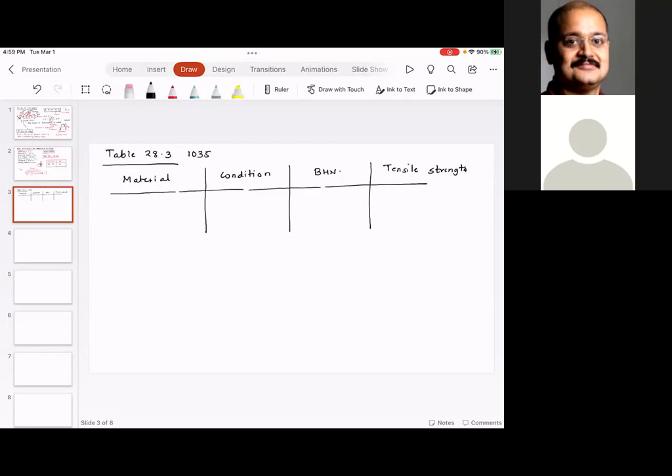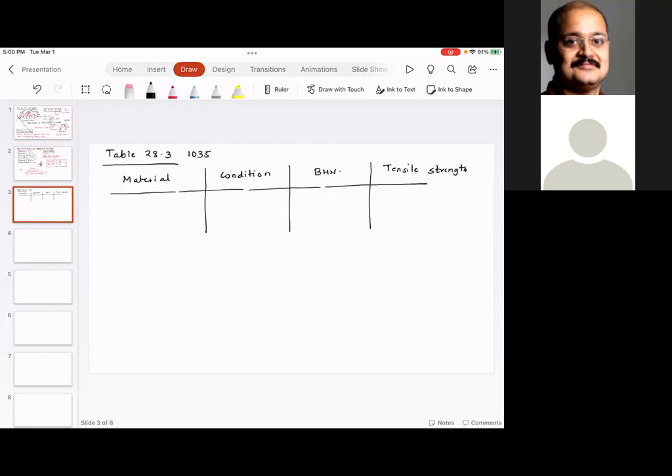Everyone understood this? Moving on to carbon steel. Depending upon the percentage of carbon, the properties change, and whether it's normalized, whether it is hardened, tempered, properties such as hardness and properties such as tensile strength would be different.